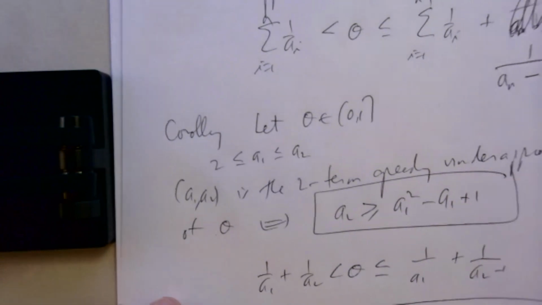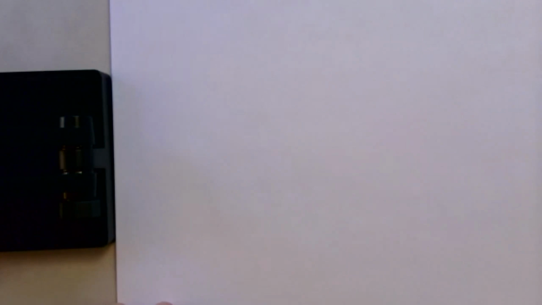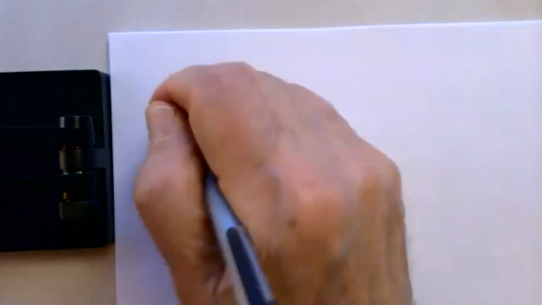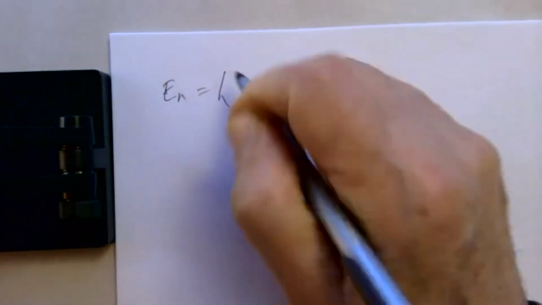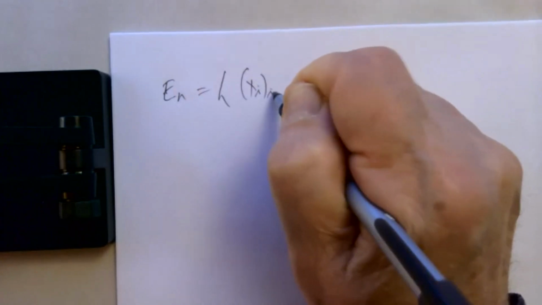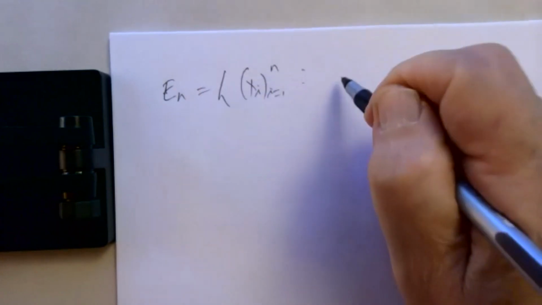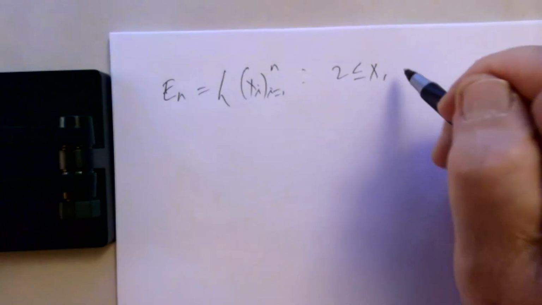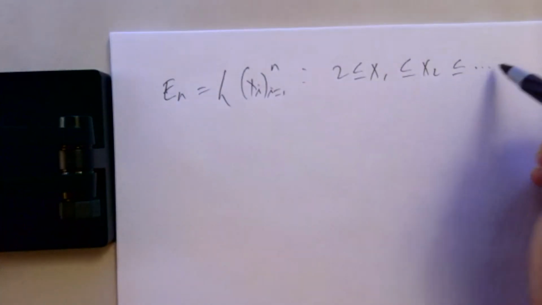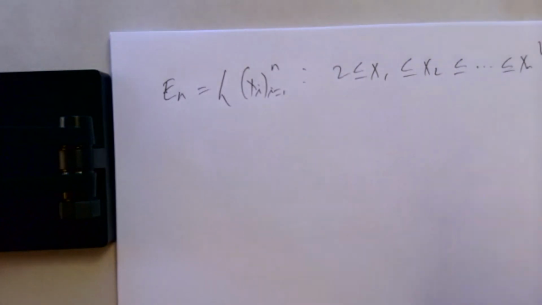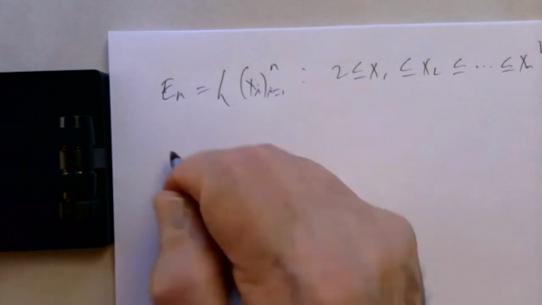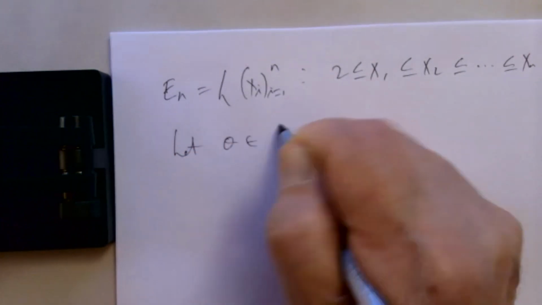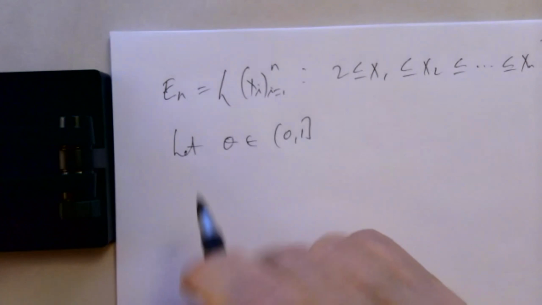Let me just be very precise about what I mean when I say best. Suppose we let E n be the set of all n-term sequences of integers where the smallest term is at least 1, and they're increasing. Not strictly increasing, but just increasing. Let theta be between 0 and 1.